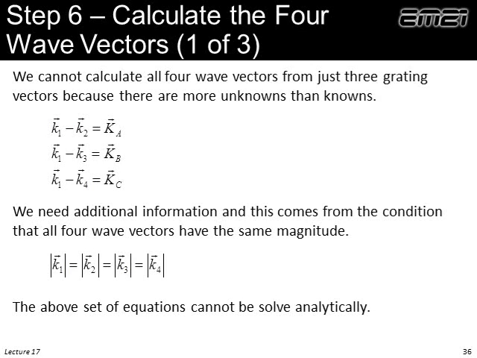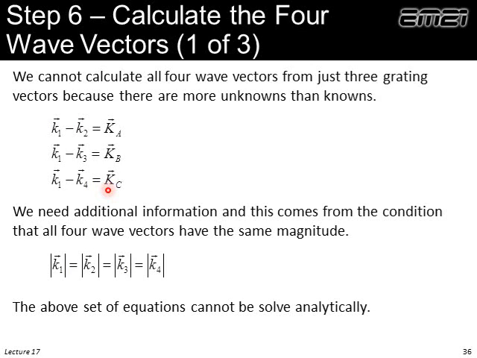Once we know that relation, now we need to calculate the 4 wave vectors, and this isn't so easy. Right away, we know how our wave vectors are relating to our grating vectors because we've just chosen that. However, we know 3 things right now, but we're trying to calculate 4. So we have more unknowns than we have knowns. So what do we do? Where does that information come from?